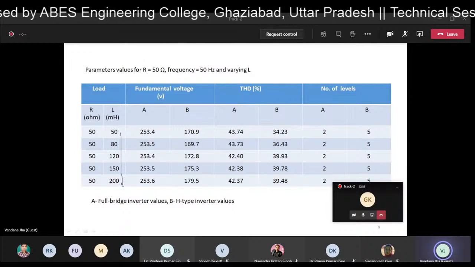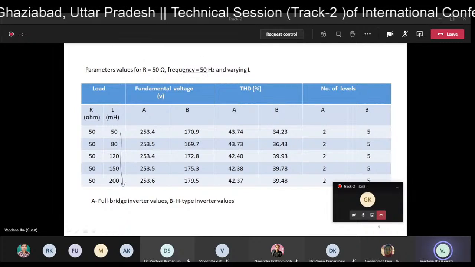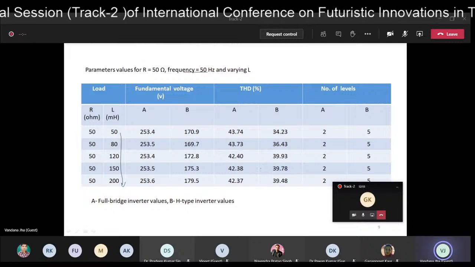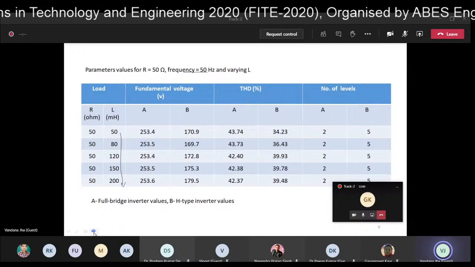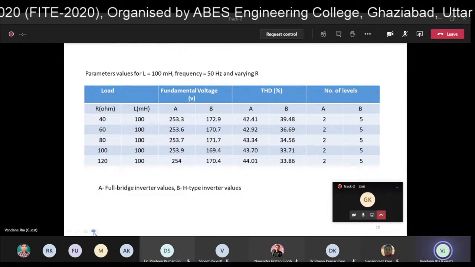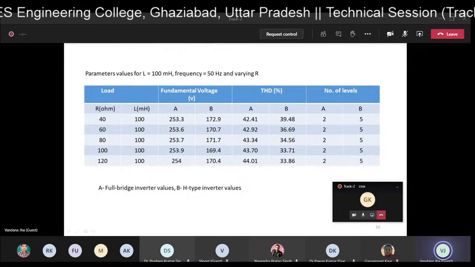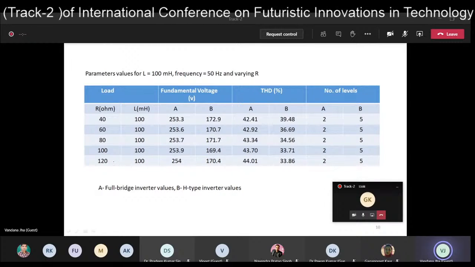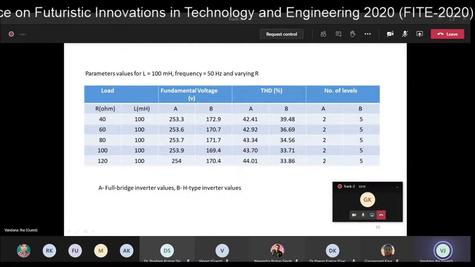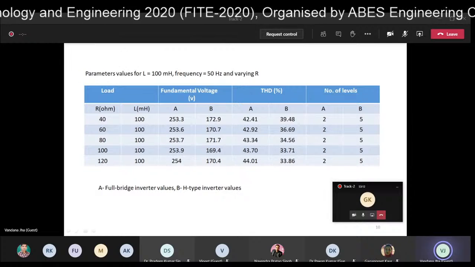I have increased the value of inductance and kept the frequency constant, and again I have made a comparison of the total harmonic distortion, that is THD. And here again I have kept the value of inductance constant, and I have increased the value of resistance, and with the varying R, the value of the THD is shown.